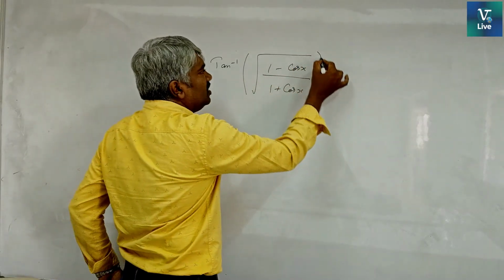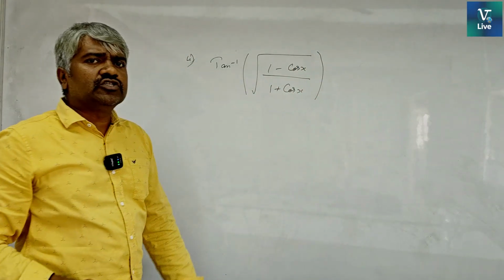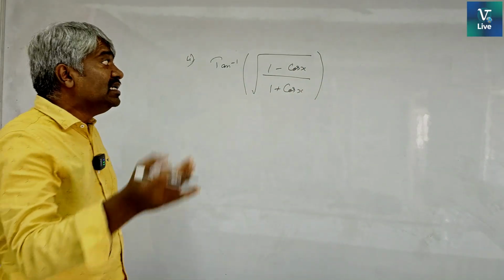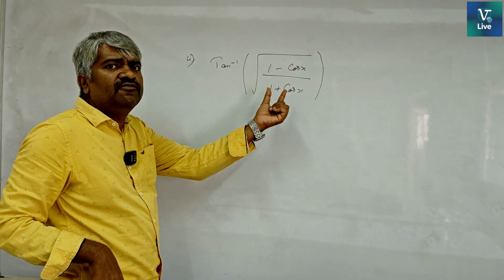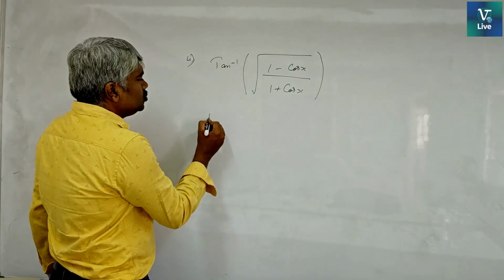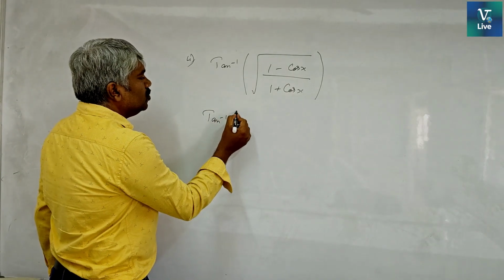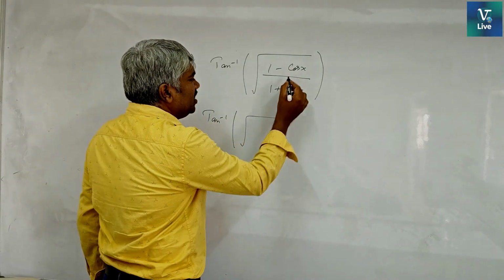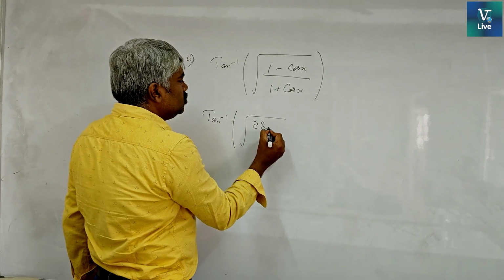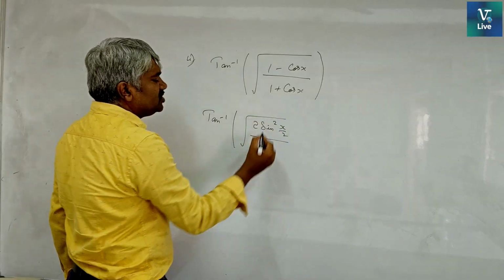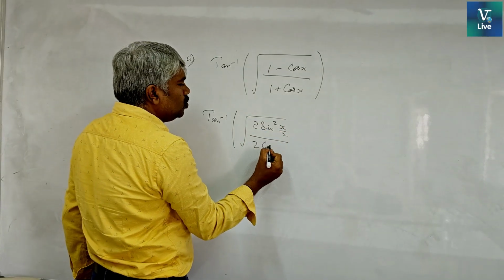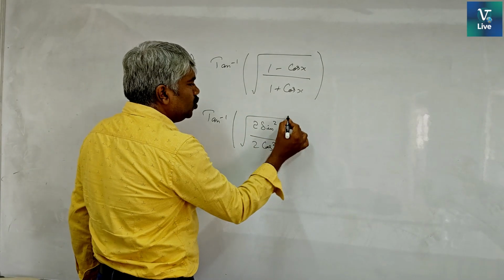Convert tan inverse of root of 1 minus cos x by 1 plus cos x into the simplest form. I am going to simplify this with the help of the golden rule, right? So what is 1 minus cos x, which is 2 sine square x by 2. 1 plus cos x is 2 cos square x by 2, right?